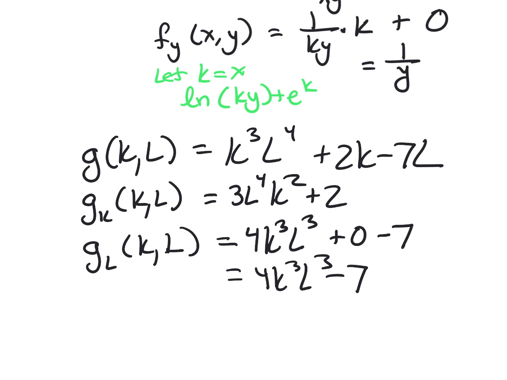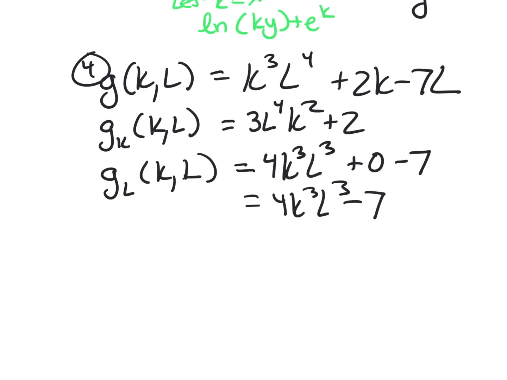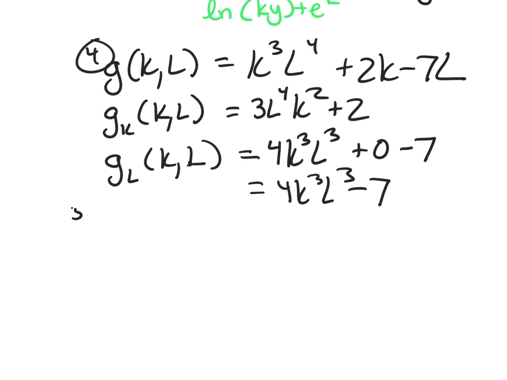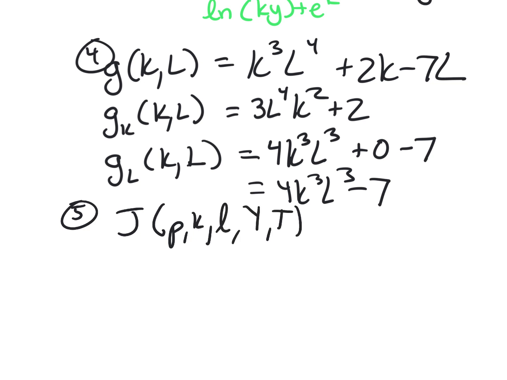So that was number 4. Number 5 is super similar. It's just trying to trick you with 5 million variables here. You've got this demand function j that's dependent on p, k, l, y, and t, and it's equal to 100 minus 5p plus 2k minus 3l plus 15yt.